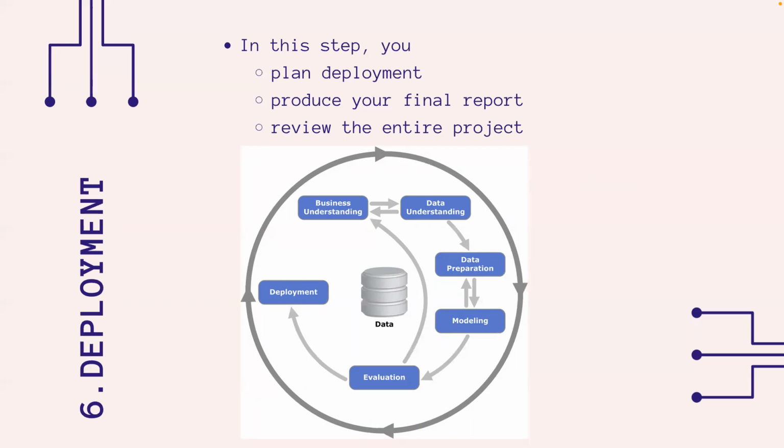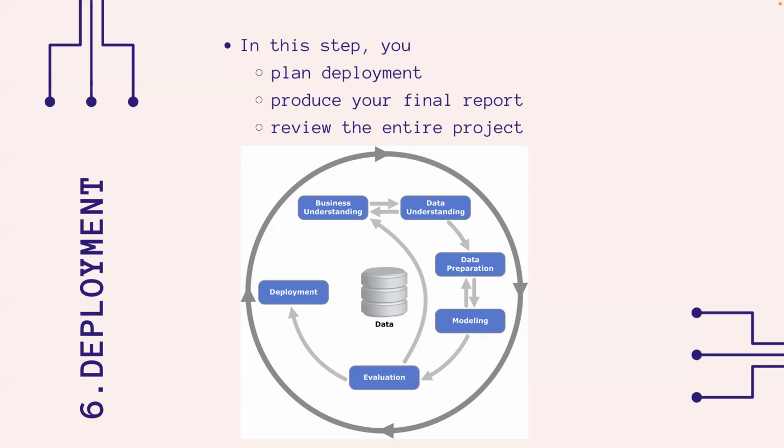You would produce a final report that would include everything that you did, would include links to the code that you wrote, would include links to all of the data that you gathered, and would include a review of things that worked and didn't work in the entire project.